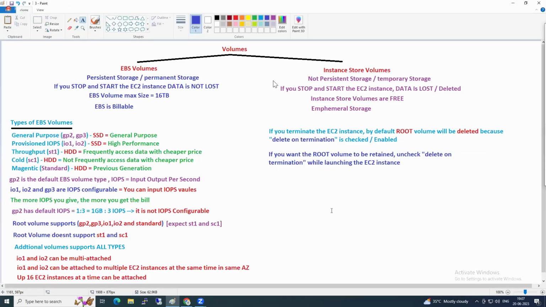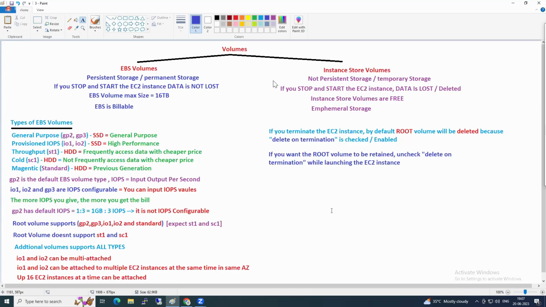And another question, guys. If you terminate the EC2 instance, will your additional volumes be deleted? Additional volume, the answer is no, because in the root volume, generally the operating system will be there. Would you save any data in the root volume? In your laptops, will you keep any data in your C drive?